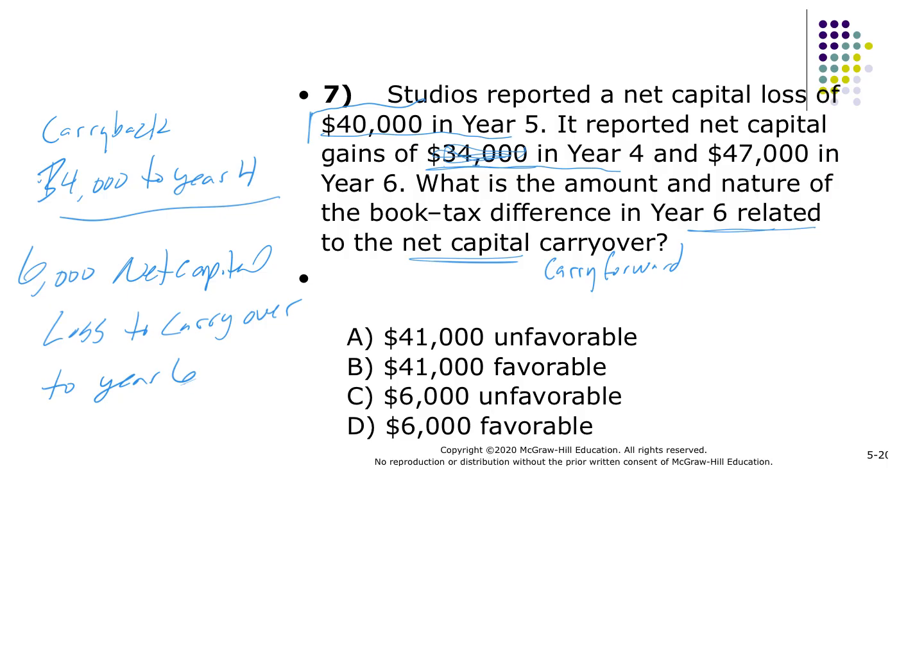So when they carry the $6,000 of net capital loss forward to year 6, it gives them a $6,000 favorable deduction related to that net capital loss. Okay.